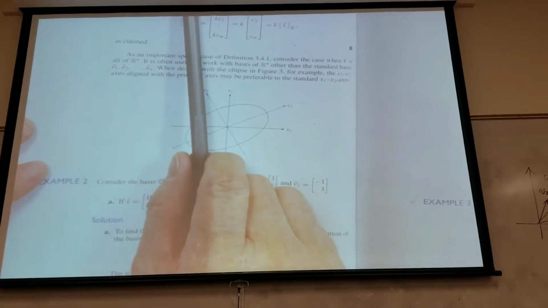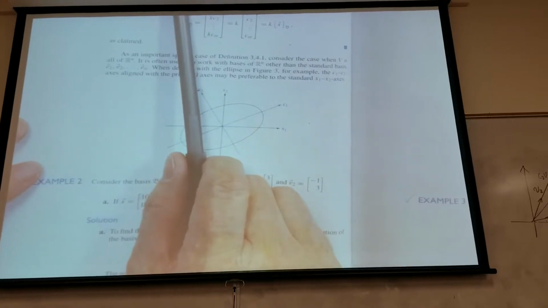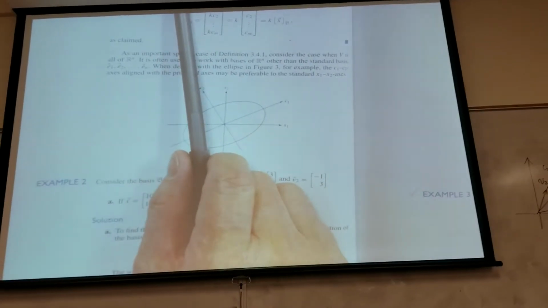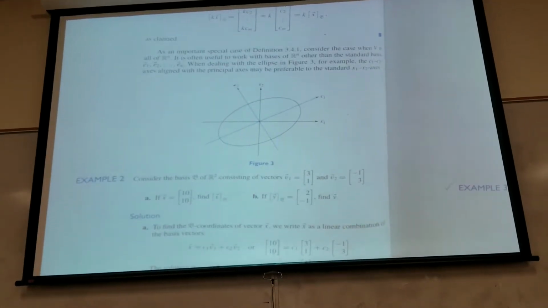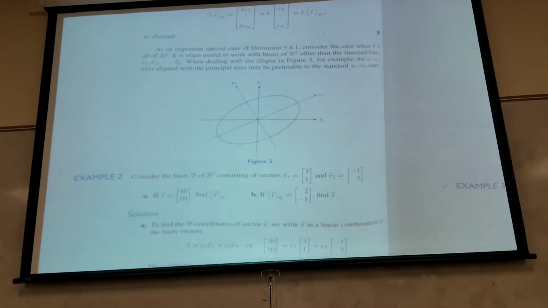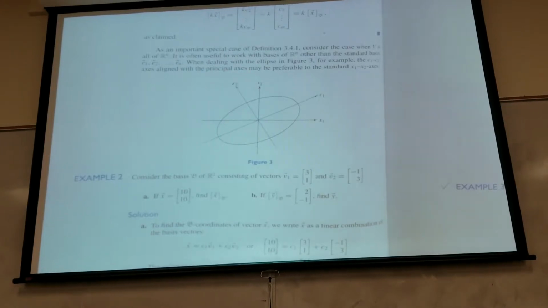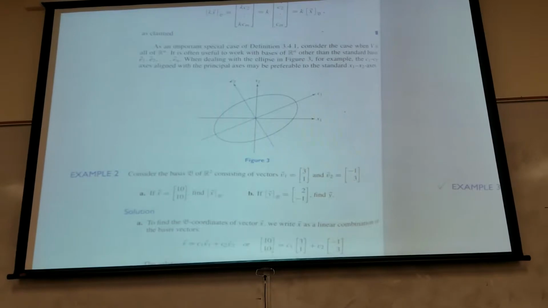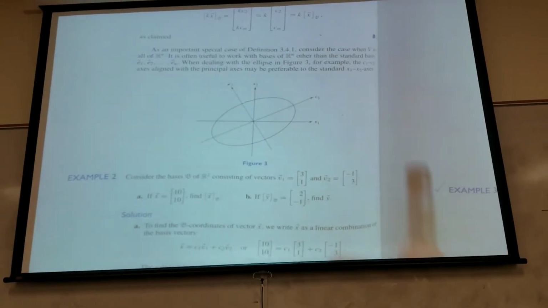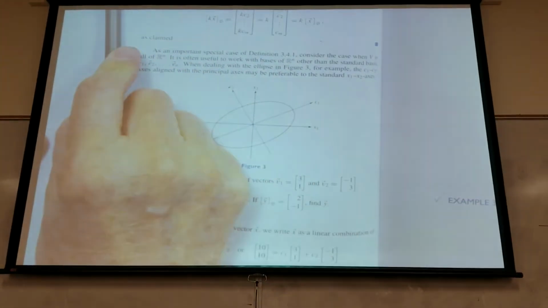Taking the coordinate vector is an operation, right? You give me a basis, you give me an x, finding this C1, C2, right? This operation, finding the coordinate vector, is linear, that's what they say in this box.